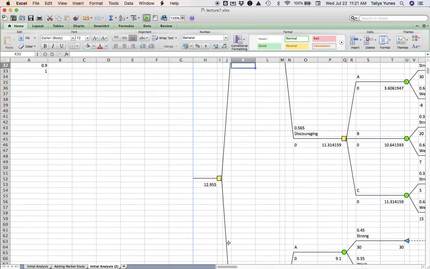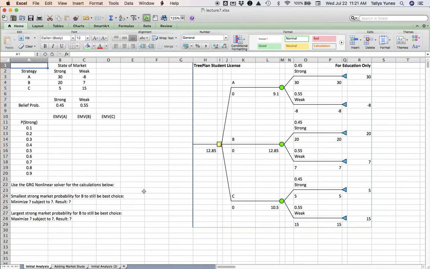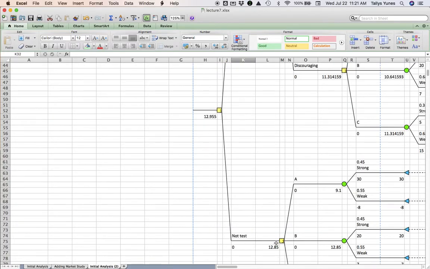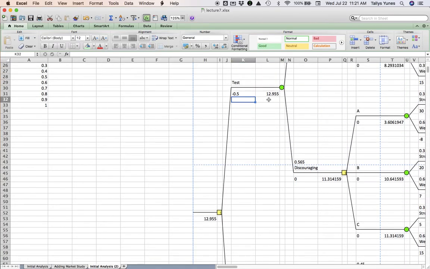Well, not doing the test, if we recall from the earlier tab, our expected payoff was 12.85 million, which is of course the same thing down here. But doing the test, the expected payoff is a little higher, it's 12.955 million, and that already includes the expense of $500,000.